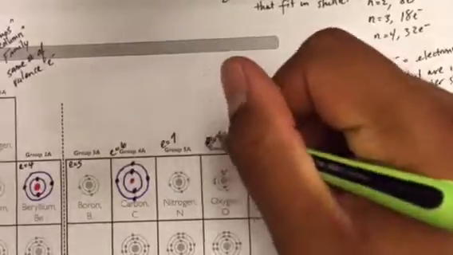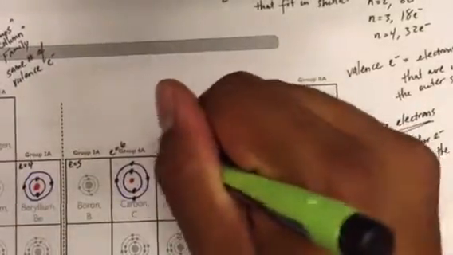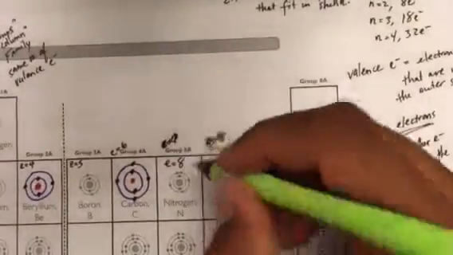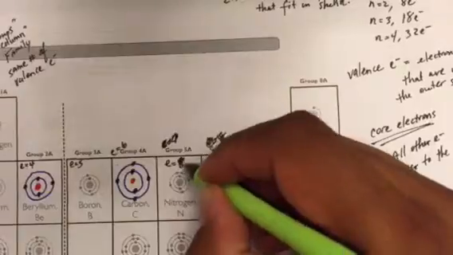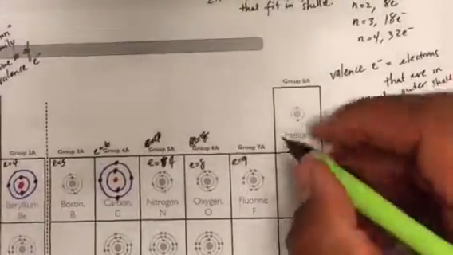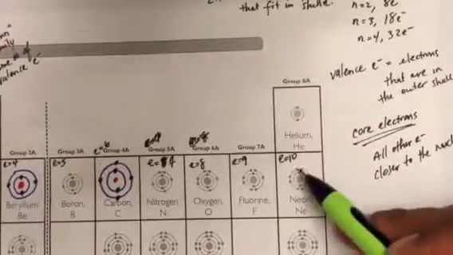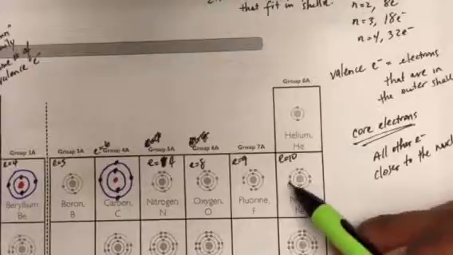Okay, let's put this in here so it's not confusing. Oops, that's 7. And then if you look at neon, it has 10 electrons. If you look at 1, 2, 3, 4, 5, 6, 7, 8, 9, 10.